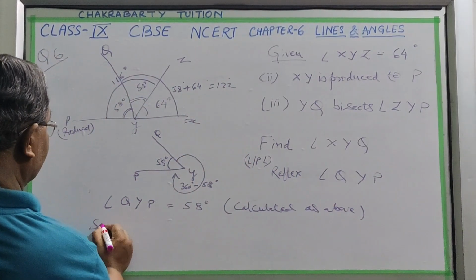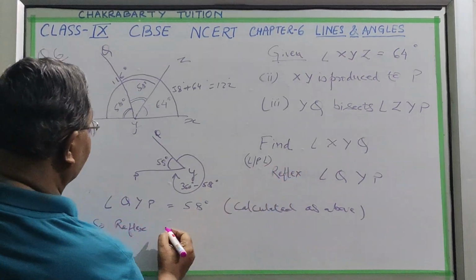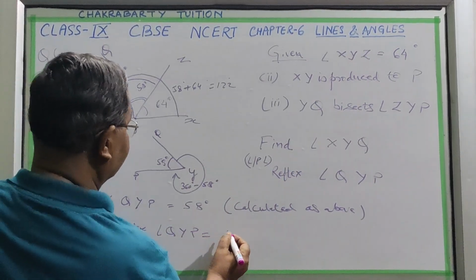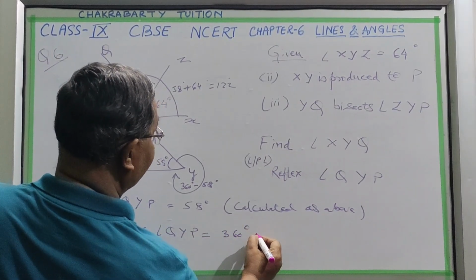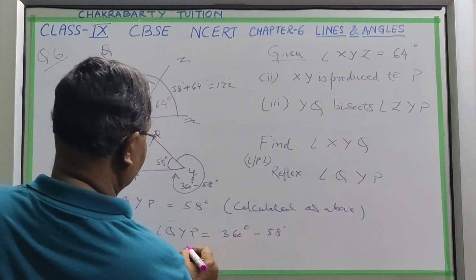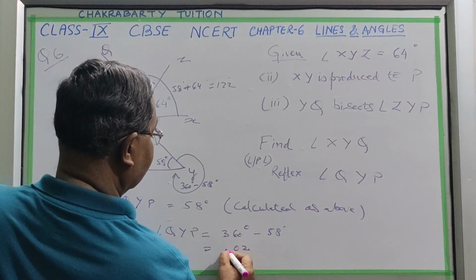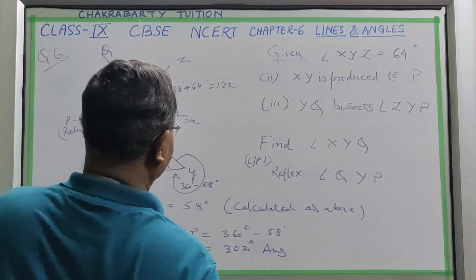So reflex angle QYP is equal to the whole angle 360 degree minus 58 degree, which is equal to 302 degree. This will be your second answer.